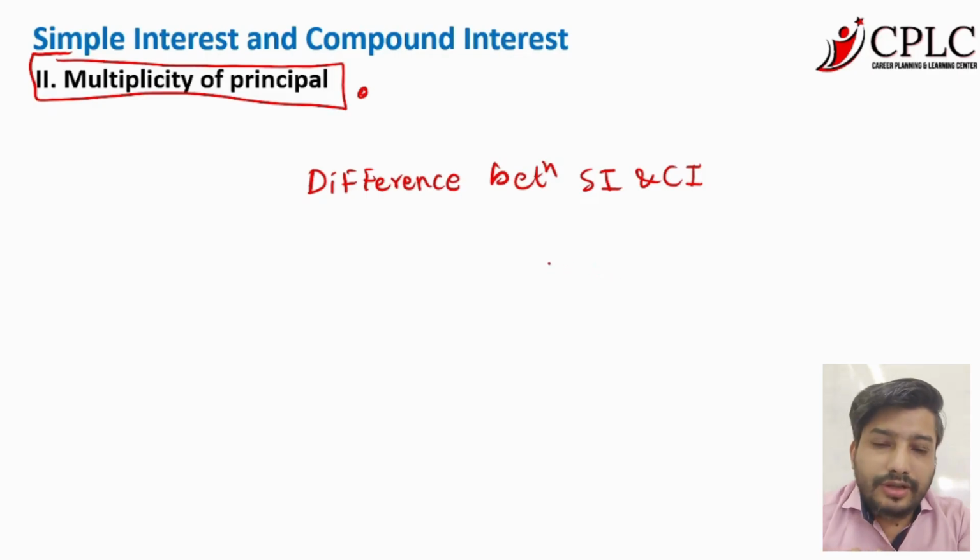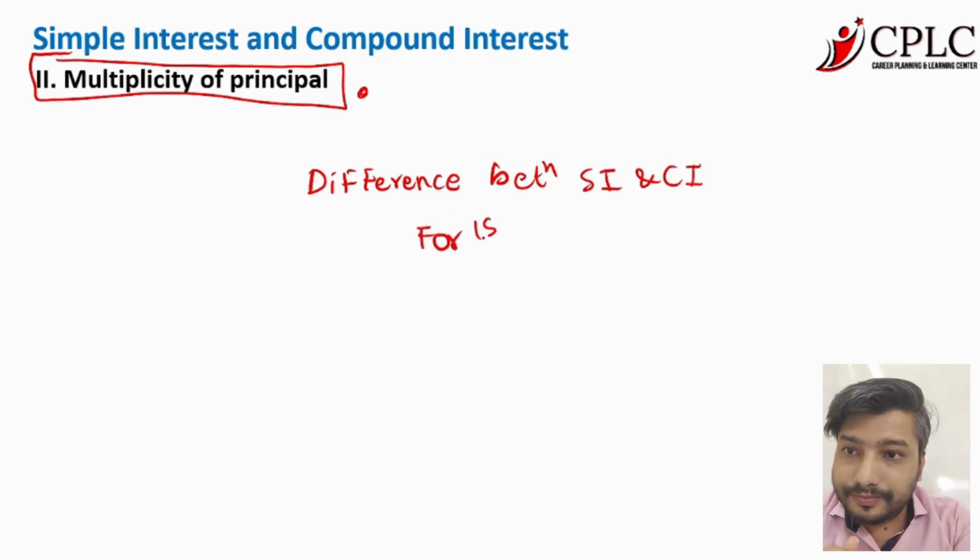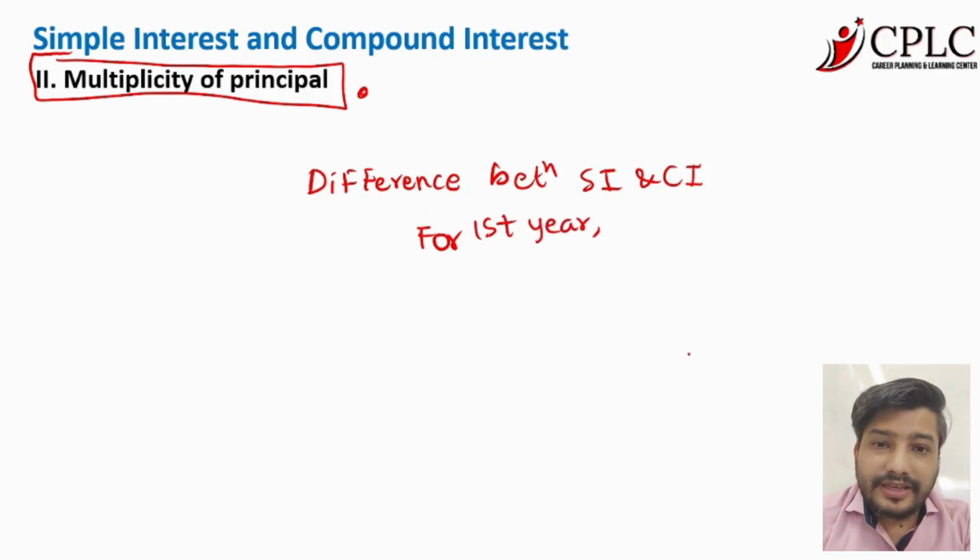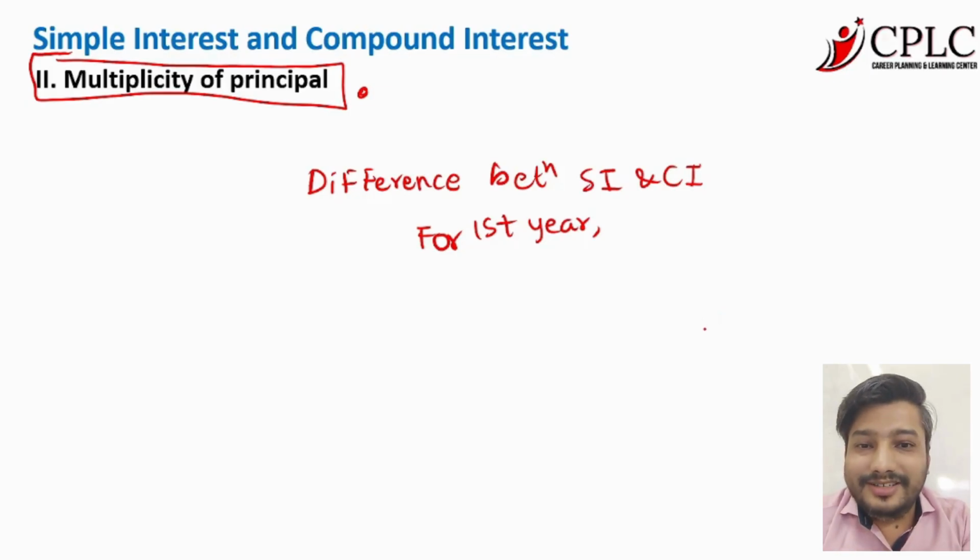Now for this, what you can remember is you can have a look at that table that we have done previously. You'll have the handouts in front of you. You can refer to that very easily and you'll understand what I'm saying. So if you remember, for the first year, what is the difference between SI and CI? If you go through that table, you will understand that for the first year the simple interest was 100 and the compound interest was also 100.